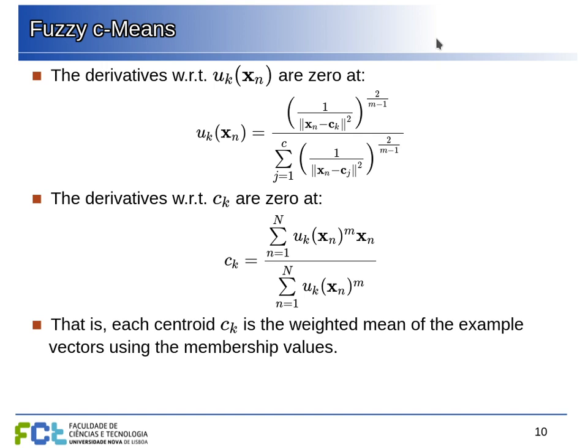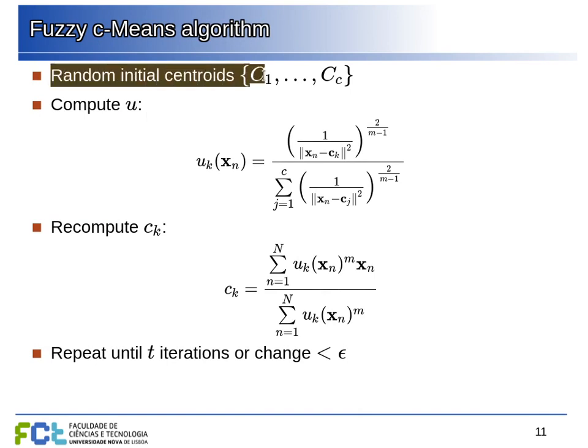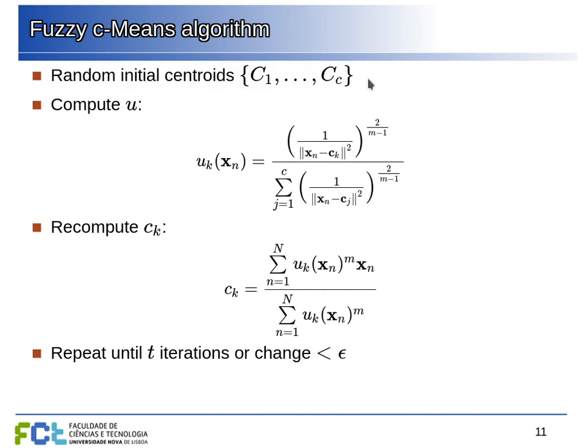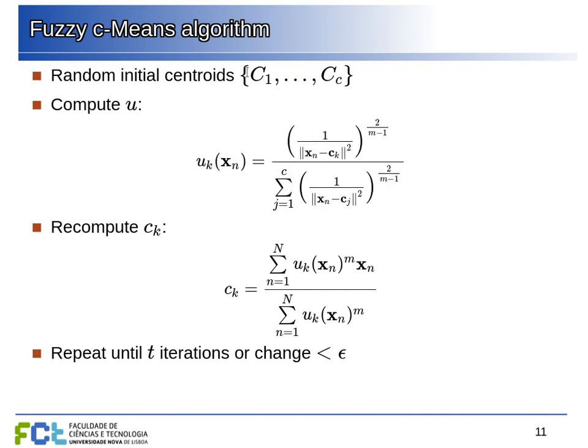So with this we can use the same general approach that we have in k-means, which is to alternately use each of these expressions and iterate until we reach convergence. We start with a random distribution of centroids. We compute the membership values for all the points based on the initial position of the centroids, and then we recompute the position of the centroids based on the membership of the points.